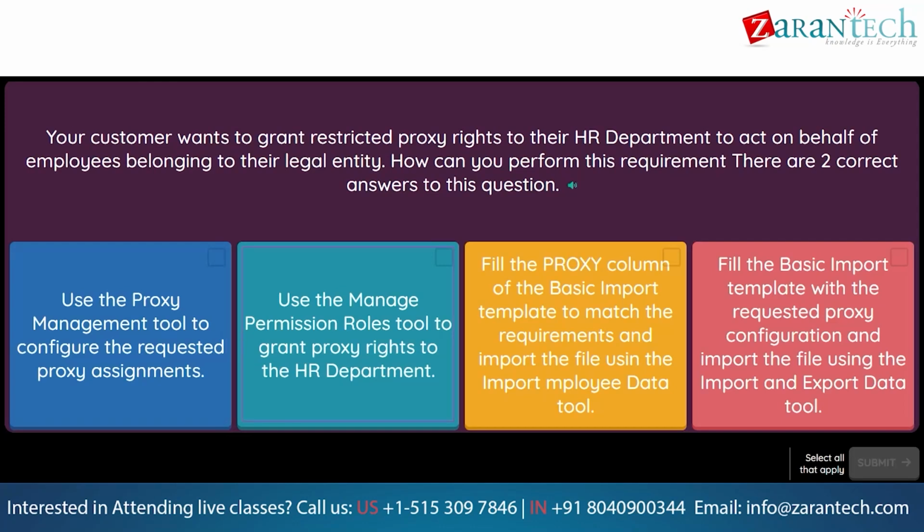Use the manage permission roles tool to grant proxy rights to the HR department. Option 3. Fill the proxy column of the basic import template to match the requirements and import the file using the import employee data tool. Option 4. Fill the basic import template with the requested proxy configuration and import the file using the import and export data tool.